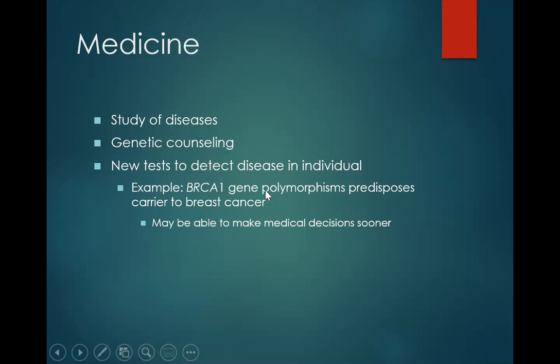If you have those polymorphisms, a lot of women elect to have breast cancer screenings early. Some women may elect to have mastectomies because that will eliminate their ability to have breast cancer. If you know that you have this gene, it allows you to make particular decisions that you would not be able to make otherwise.